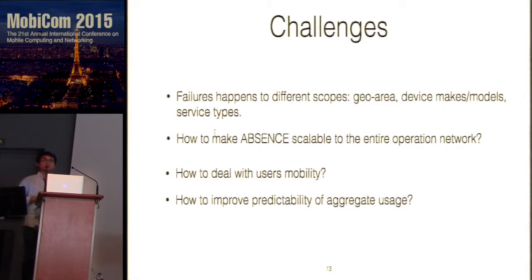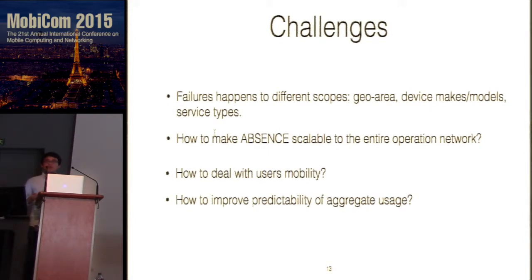And then Absent has to deal with challenges to be more efficient in detecting service problems. For example, a failure in a mobile network could happen to multiple scopes. It could happen to a geographical area, it could happen to a specific service or specific device types, device models. How can we design Absent to detect failures that happen to multiple dimensions?